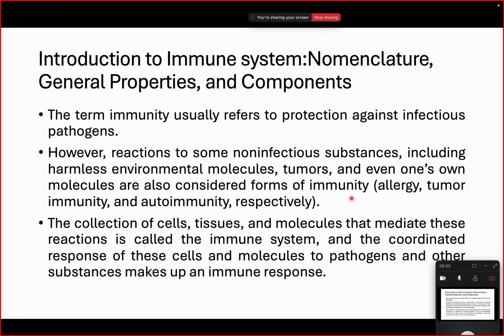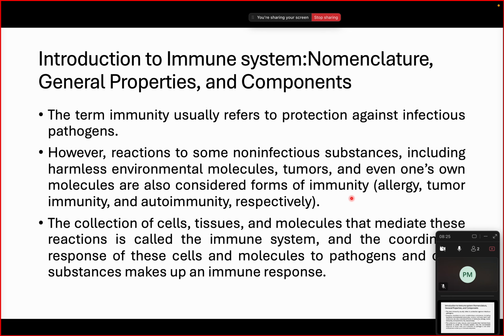See, the cells, the tissues, and the small molecules, which all make it happen, which comprise immunity, all together are called immune system. And when all of them come together in a coordinated fashion against a particular antigen or pathogen, we call it an immune response.